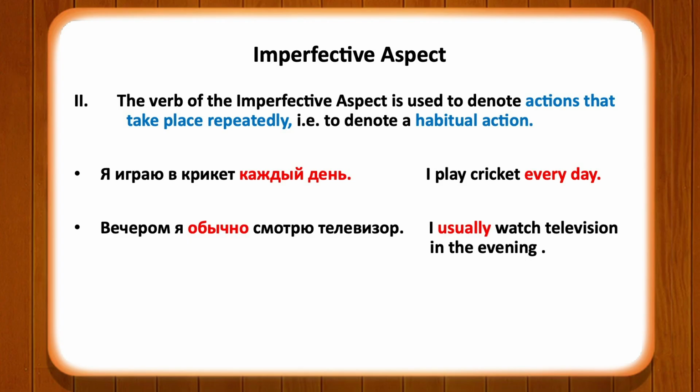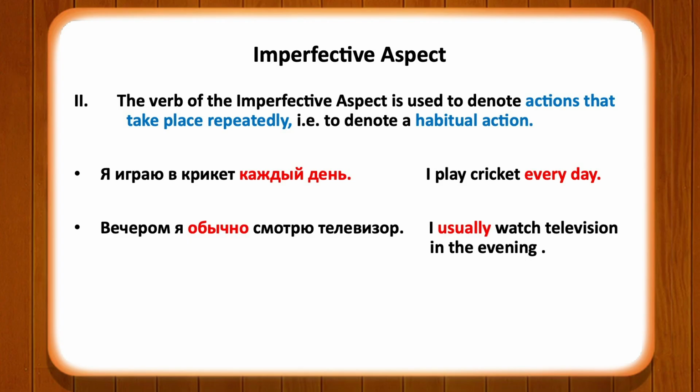The verb смотреть is an imperfective verb, which again indicates that the action is taking place more than once. Вечером я обычно смотрю телевизор. I often watch TV in the evening. So often here indicates an action which is taking place repeatedly.